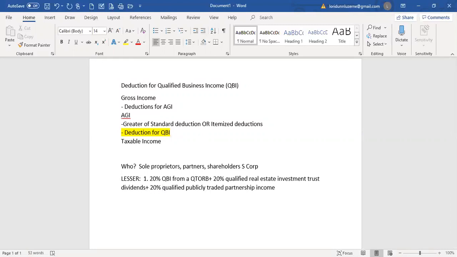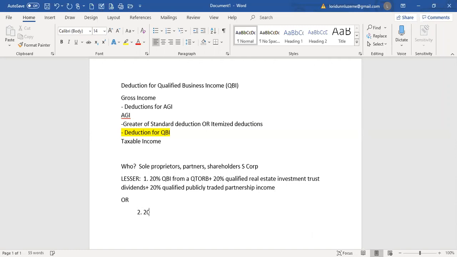So 20%, and this is our main focus, of qualified business income from a qualified trade or business. They could add to that 20% of dividends they receive in a qualified real estate investment trust. And they could also add to that 20% of their income related to a qualified publicly traded partnership. Compare that computation. So it's the lesser of 1 or 2.